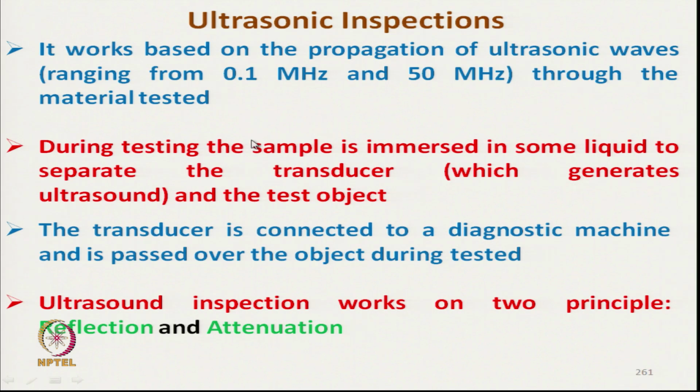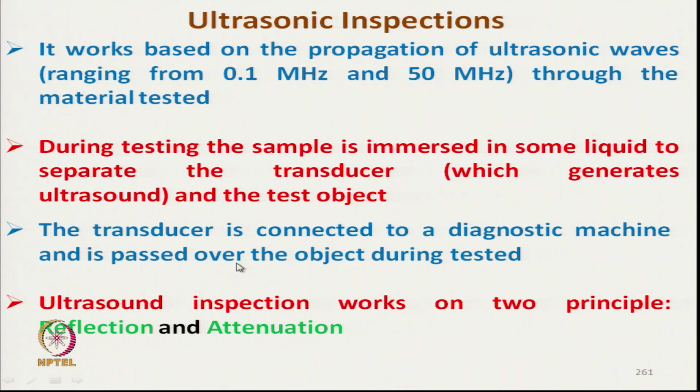Ultrasonic inspection works based on propagation of ultrasonic waves. The ultrasonic wave is propagated through the composite material. During testing, the sample is immersed in some liquid to separate the transducer and the test object.